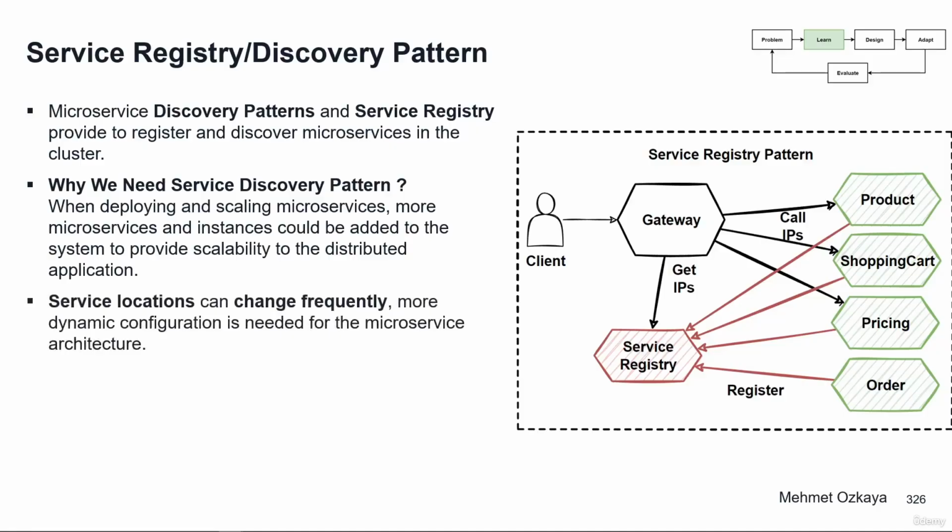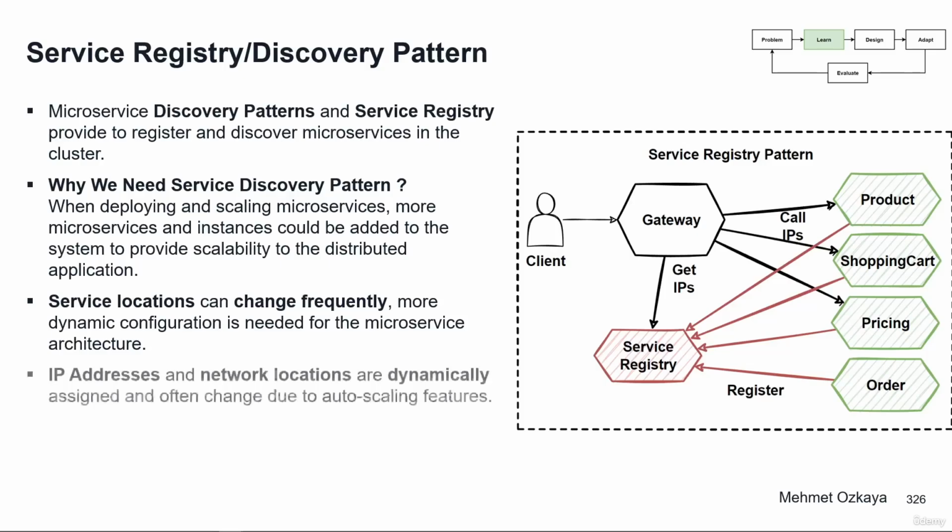Because of the scaling, service locations can change frequently, so we can't know the IP addresses and ports. Network locations can't be defined as static. This means that a more dynamic configuration is needed for the microservice architecture. So when it comes to microservices, their IP addresses and network locations are dynamically assigned and often changed due to auto-scaling features.